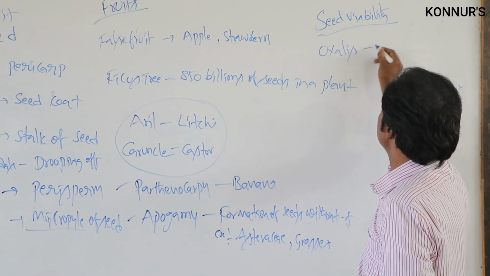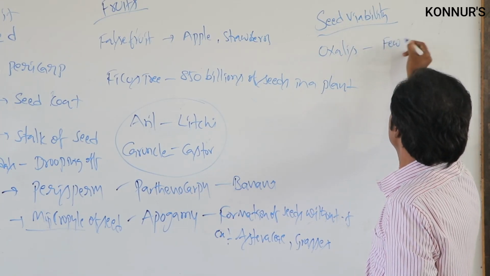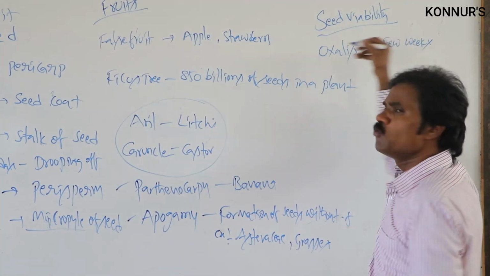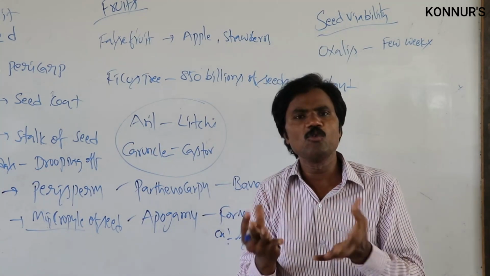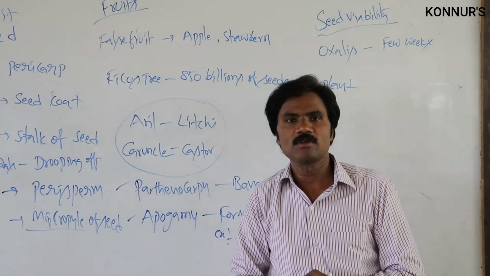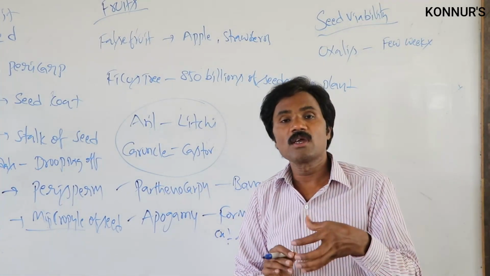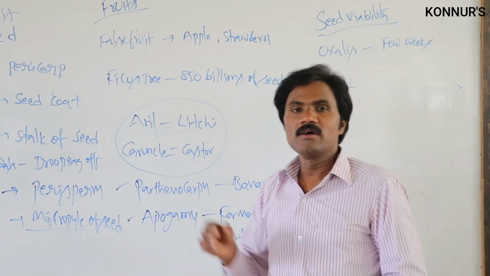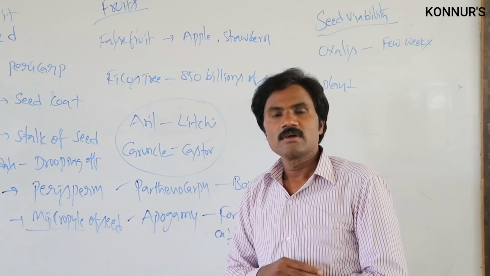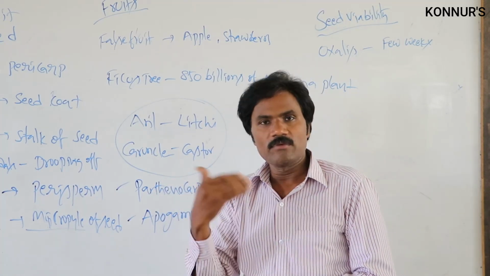In oxalis seeds, only a few weeks, less than one month or one and a half months. Then recently it was found that Phoenix dactylifera, the date palm, in the Dead Sea region has seed viability of a number of years.